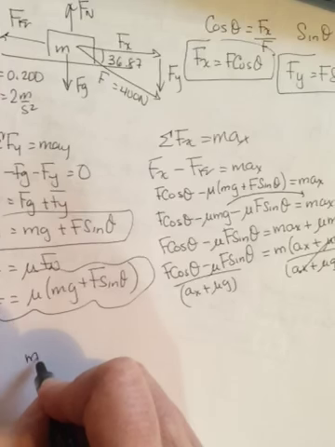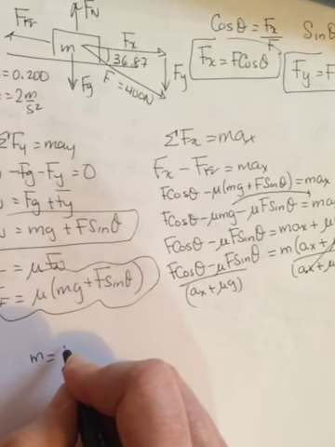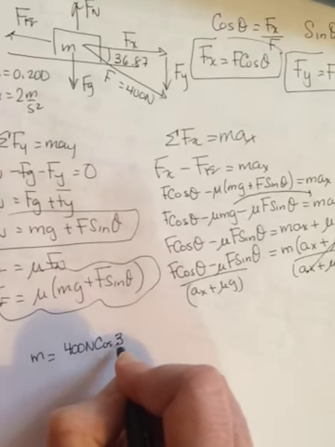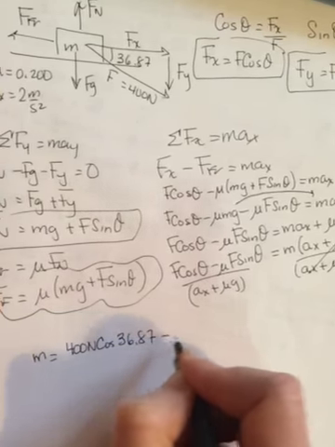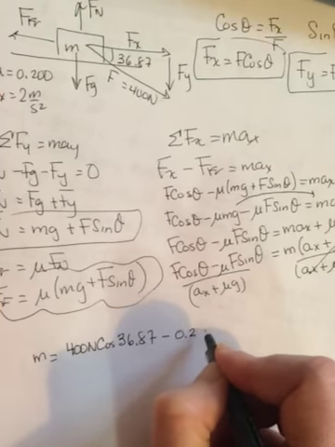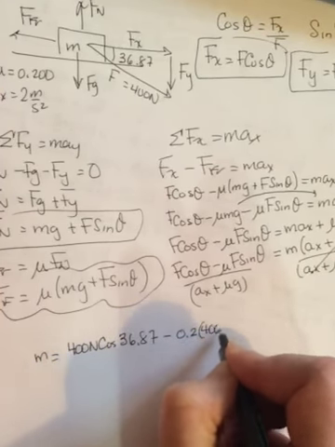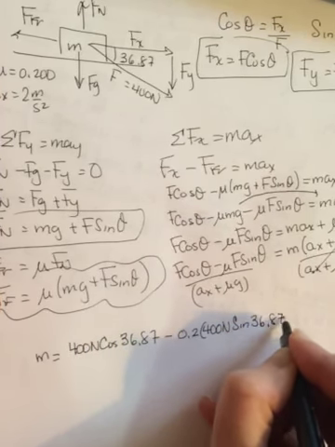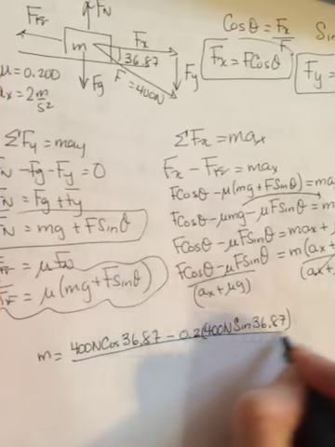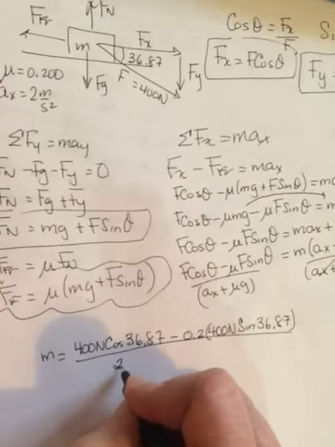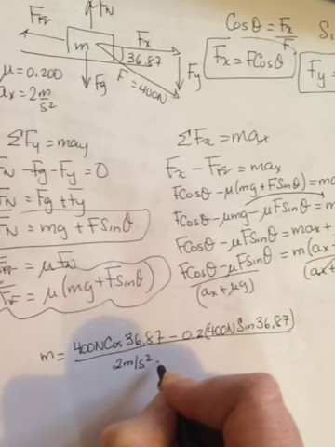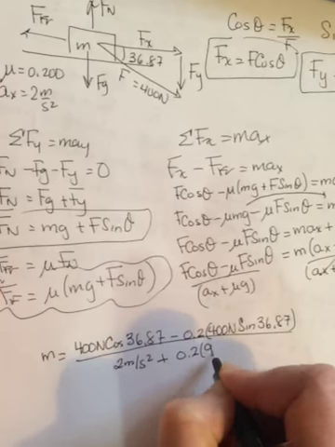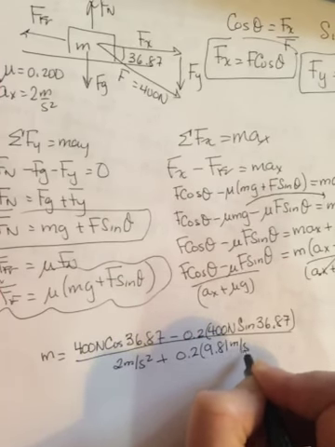So we have m is equal to, F was 400 newtons, cos of 36.87, minus mu was 0.2 times F, which was 400 newtons, sine of 36.87. And on the bottom, a is 2 meters per second squared, and it's plus mu 0.2 times 9.81 meters per second squared.